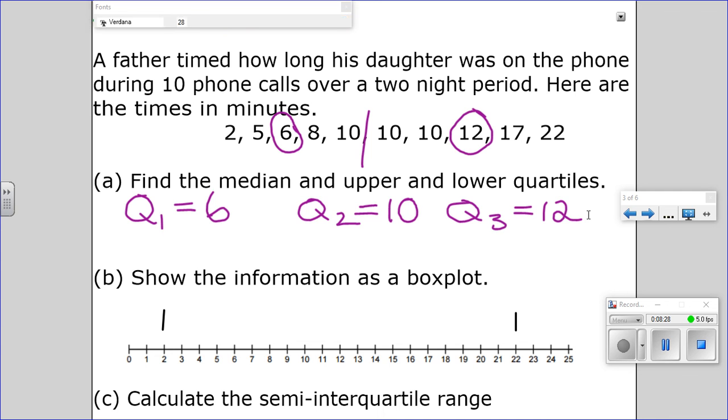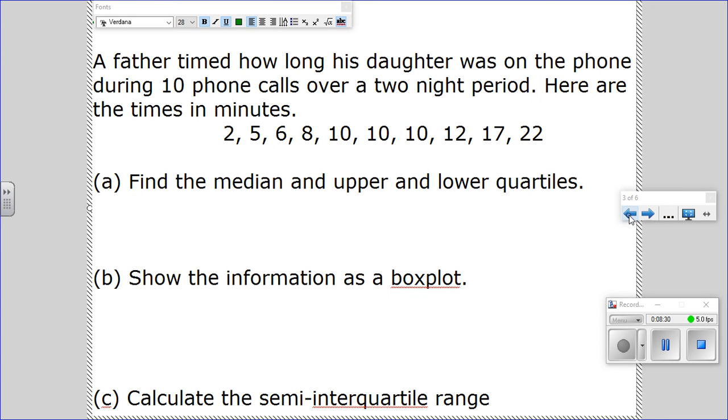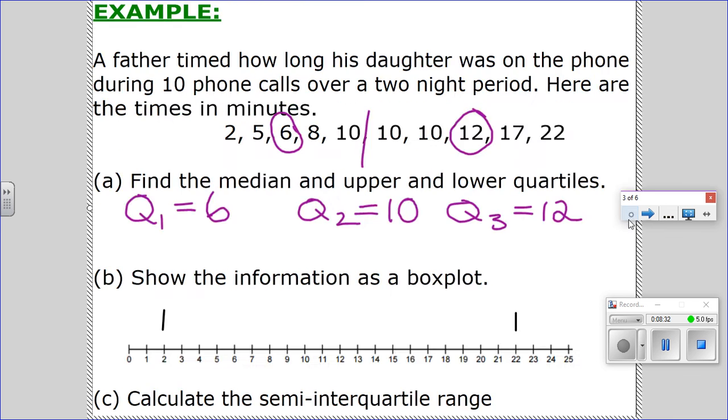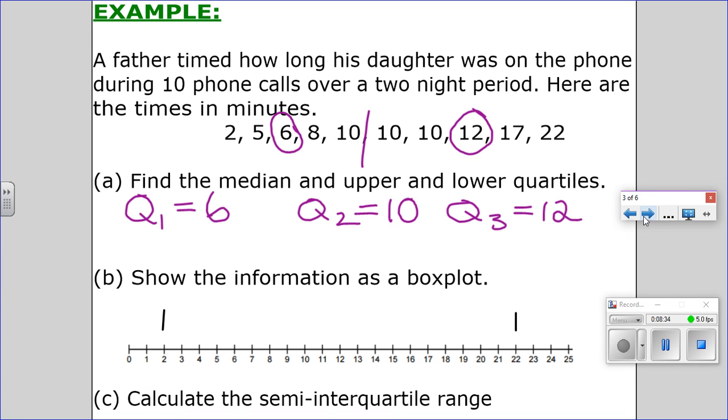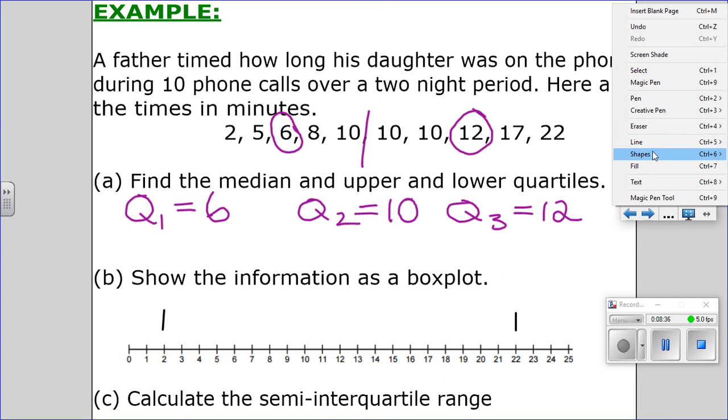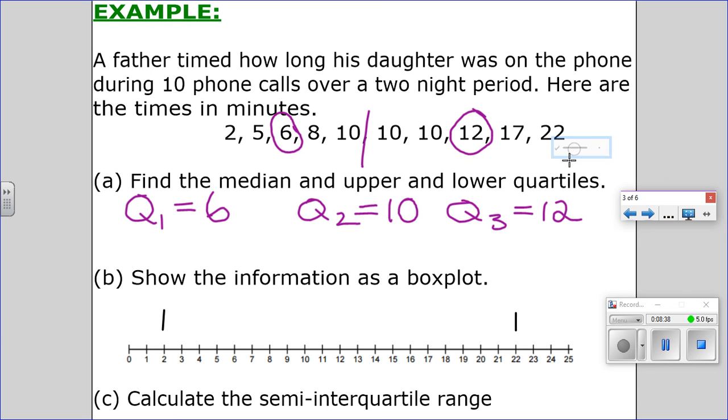Now we're going to mark in our quartiles. Where did that go? Come back. Okay, so back to our line tool, marking our quartiles. We've got one at 6, one at 10, and one at 12.